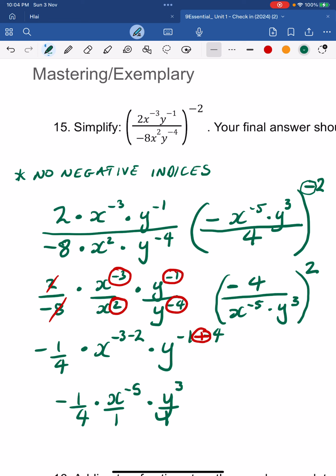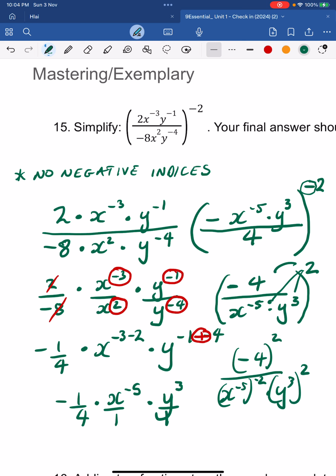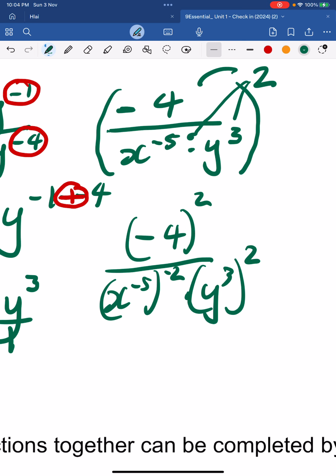So we distribute the power of 2 to each of the terms inside the bracket, because the bracket is multiplication. So it's -4 squared on the numerator, and it's x to the -5 to the -2 times y to the 3 to the 2. And we will finish this off.